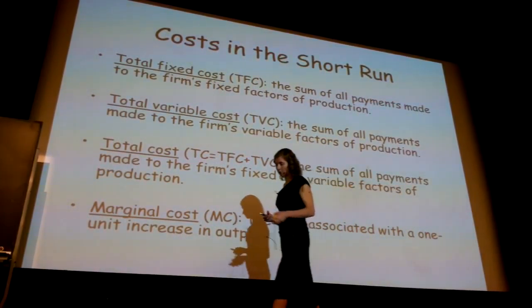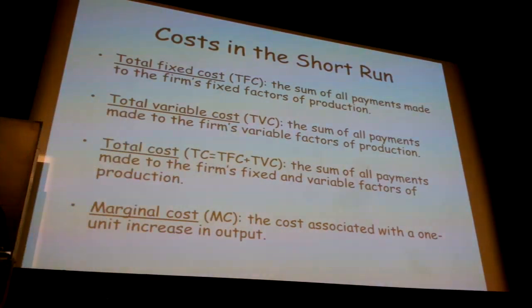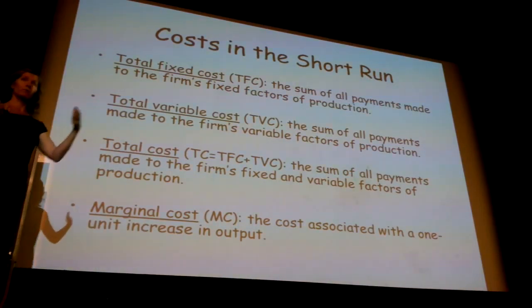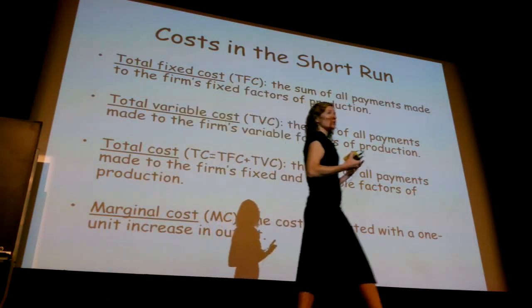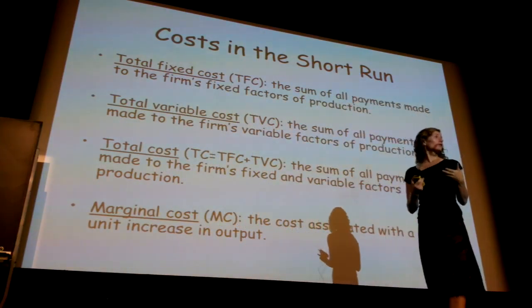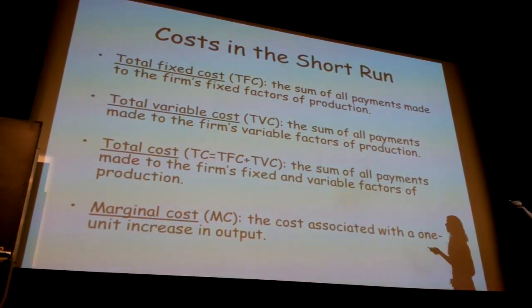So what is a good example of this in the context of this bakery? My friend has a lease that she signs on the building where she runs her bakery. It's a year-long lease. The payments that she makes every month to her landlord, those are fixed. Those are some of her fixed costs. She has to pay them no matter what.